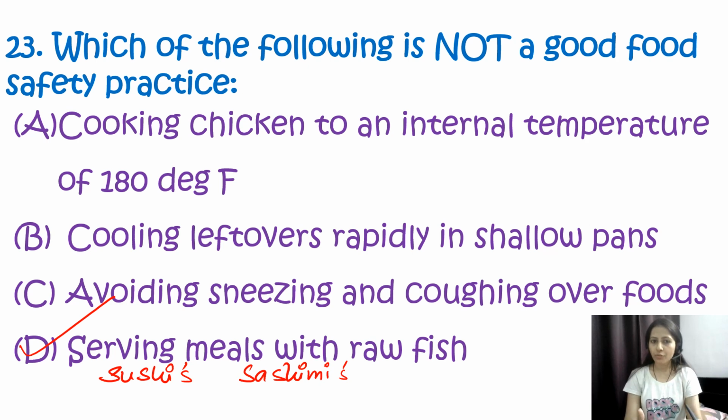Not all types of fish are suitable for serving raw due to the risks of contamination with parasites or bacteria. Therefore, proper sourcing, handling, and preparation of raw fish minimizes the risks of foodborne illness. So over here my correct option is D, that is serving meals with raw fish.